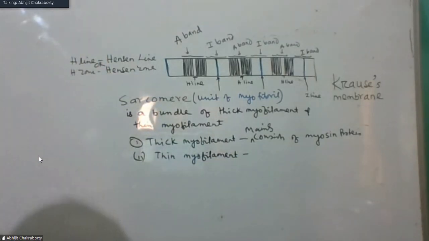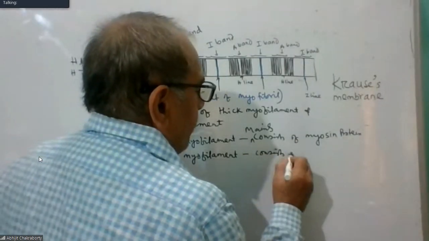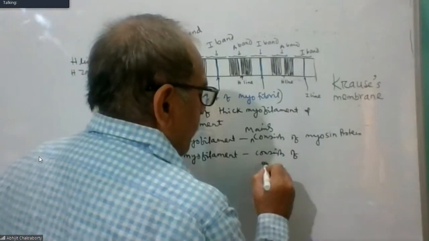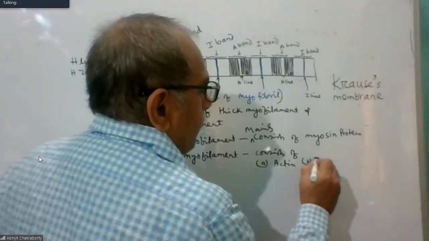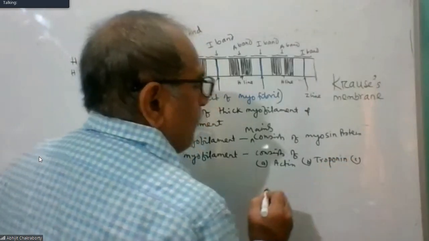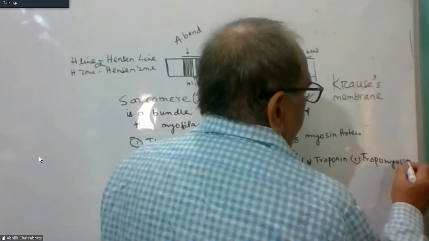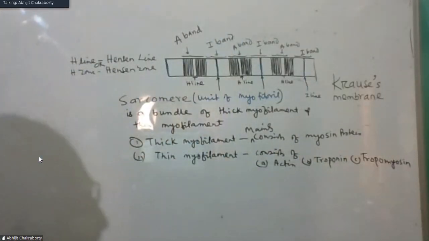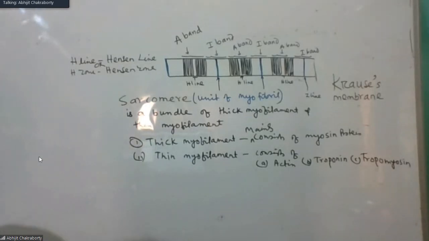Thin myofilament consists of 3 types of proteins actually: actin, troponin, tropomyosin. So thin myofilament consists of actin, troponin, and tropomyosin.